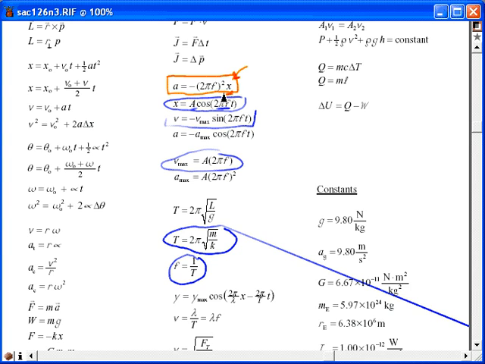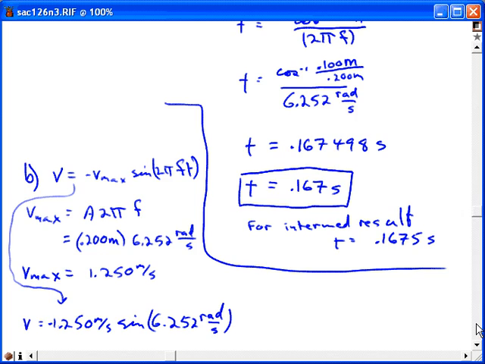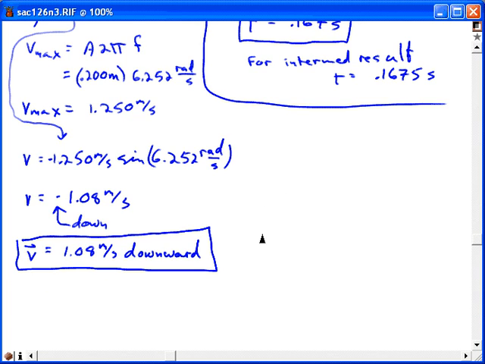So we use the position of the object relative to its equilibrium as 0.100 meters, and of course I've got an expression for 2 pi f. I kept that all grouped together. So I'm going to use this one for the acceleration at that particular time, at the time when the position is 0.100 meters.